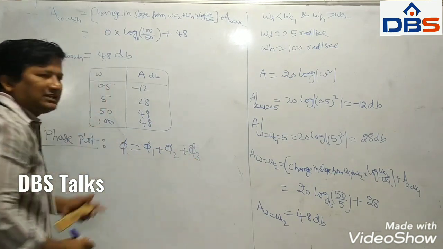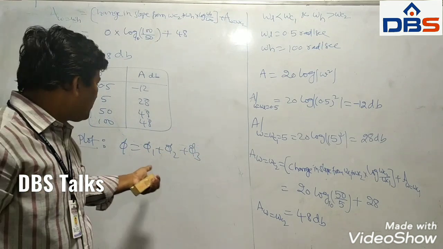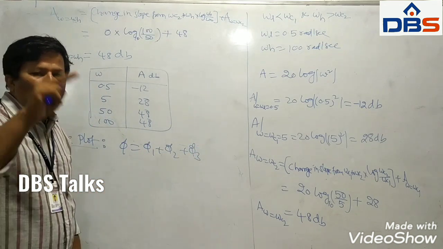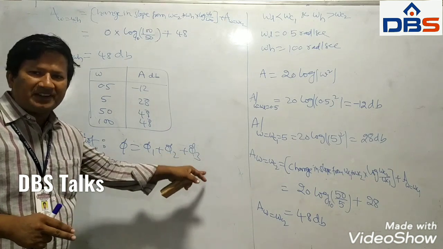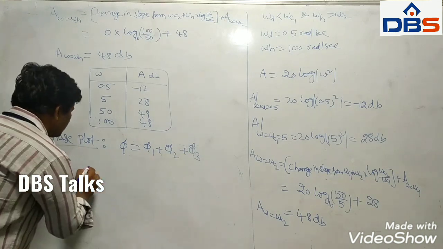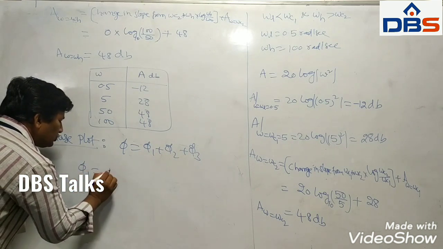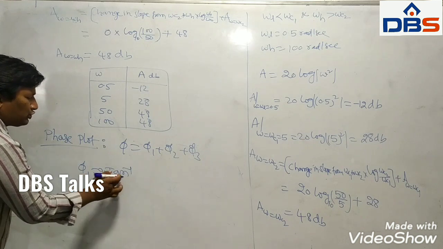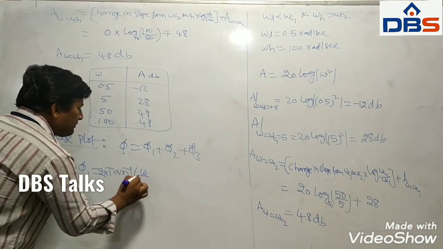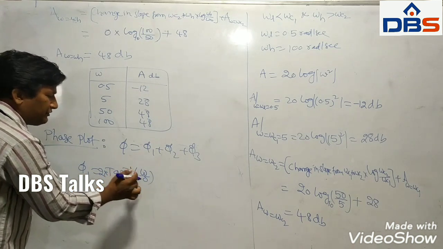Why? Because here three factors are there. The first factor is two zeros located at the origin, the second factor is one pole, and the third factor is another pole.